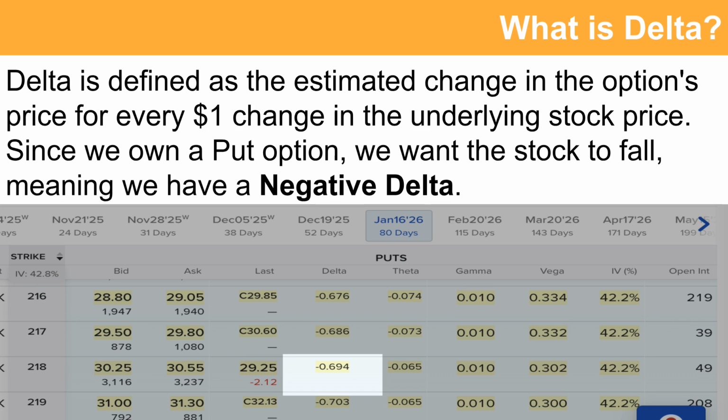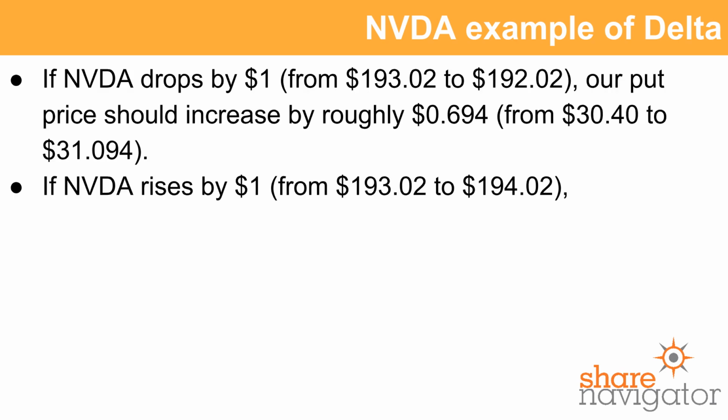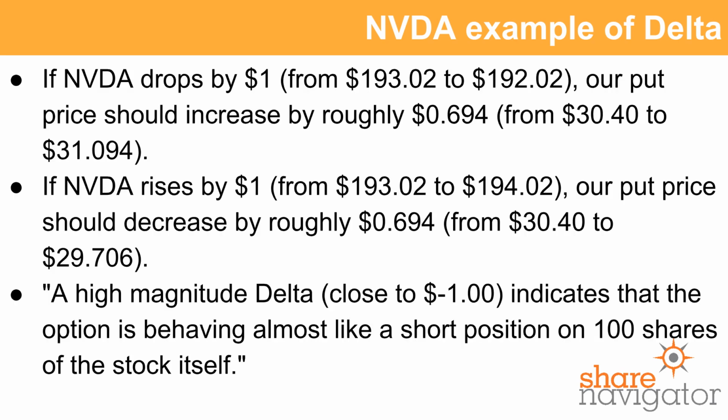Let's discuss what that means for a $1 move in NVIDIA's share price. So let's imagine now the share price of NVIDIA drops by $1 from $193.02 to $192.02. Our put option price will increase by roughly 0.694 from $30.40 to $31.09.